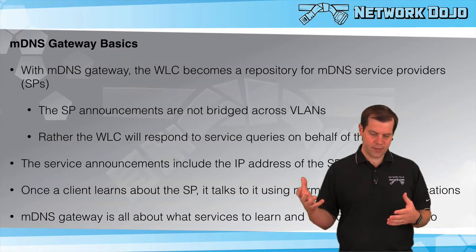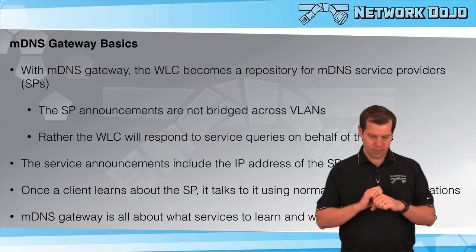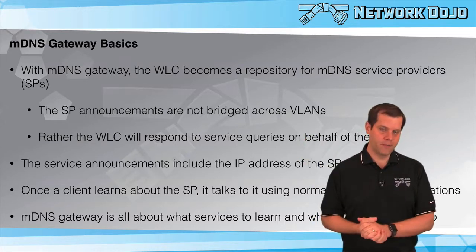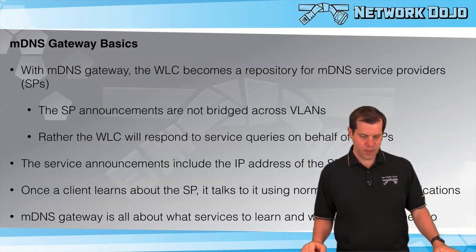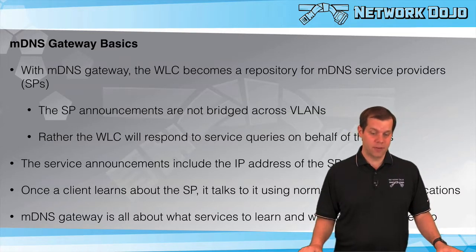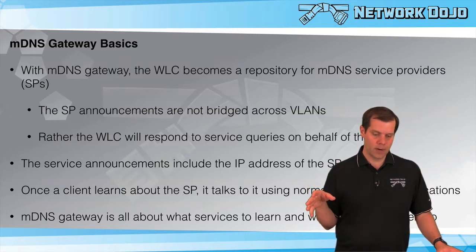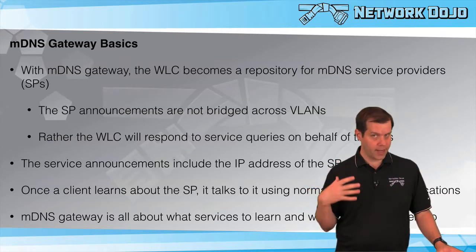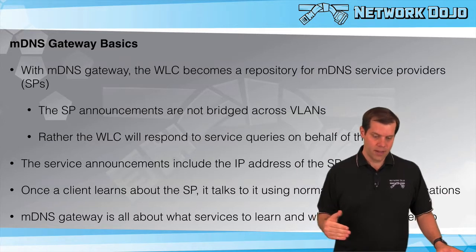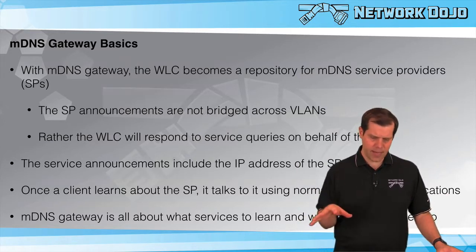It doesn't just take the announcement that a service provider makes and replicate it onto every single VLAN. That would be wasteful when you think about potentially dozens or hundreds of service providers. We don't want to spew those onto our wireless network, because this is multicast traffic, and multicast traffic always uses legacy data rates. That would eat up a lot of our bandwidth, so it doesn't do that.